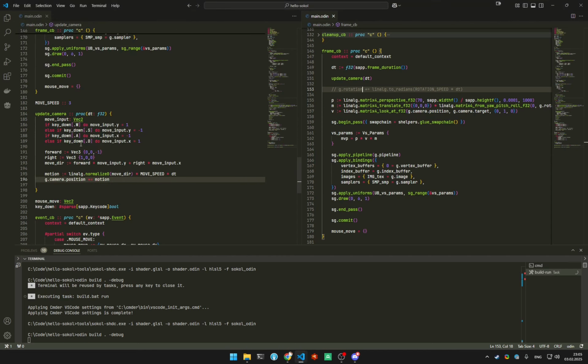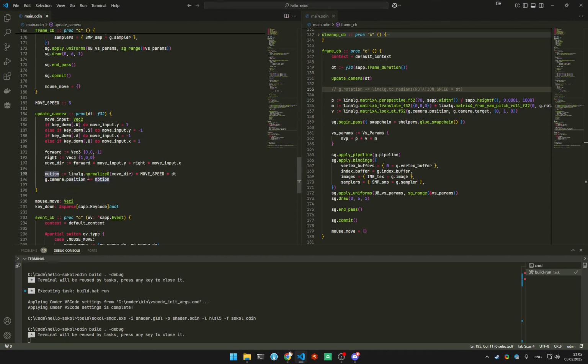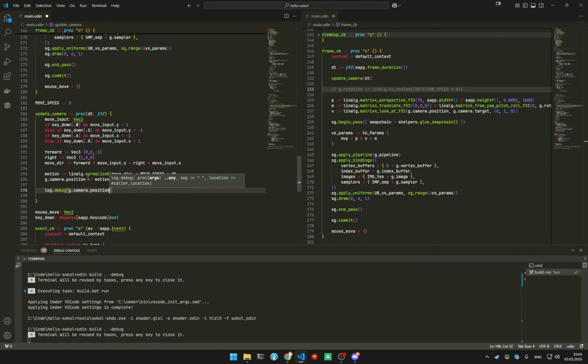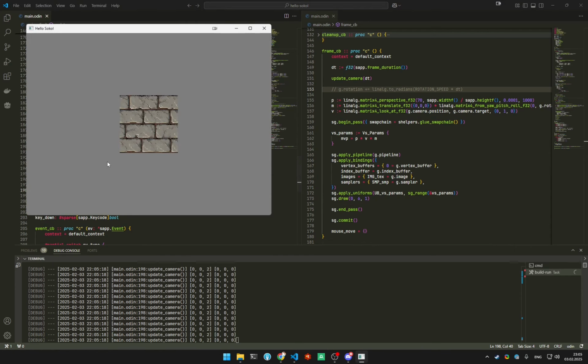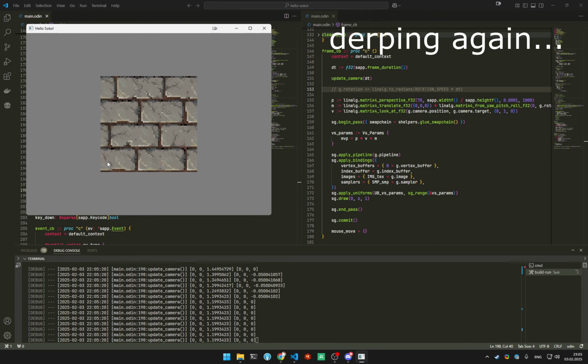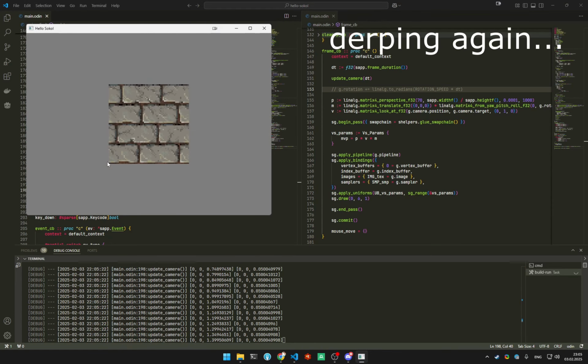This is not right. So let's debug. Let's maybe just print our camera position to figure out what's going on. We'll debug camera position and maybe also the motion to see. So when I'm moving forward and backwards, everything is fine.